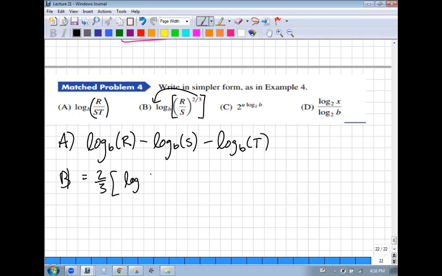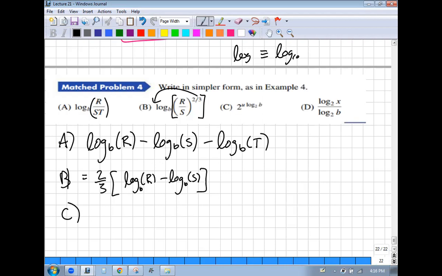And we have the R on the top and the S on the bottom, so we can subtract. These are log base b. All right. You always want to put your base. If you just write log without a base, that usually means log base 10. Your calculator might have a log on it without a base. If they have that, they mean log base 10. Usually, unless you're in like Europe or something.